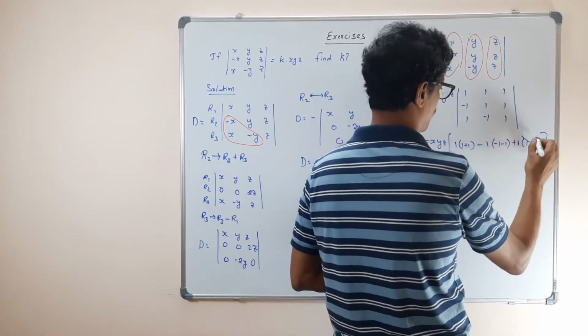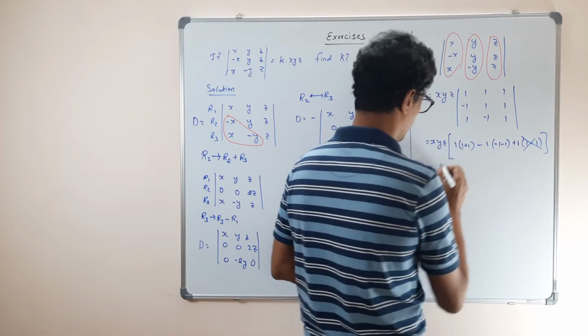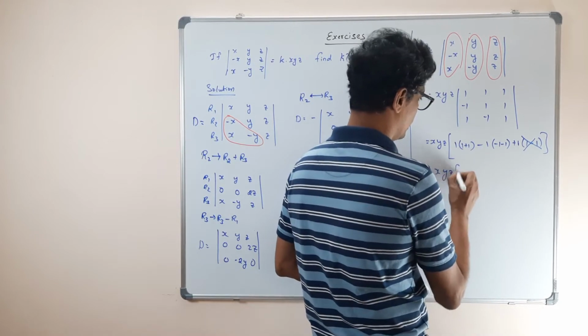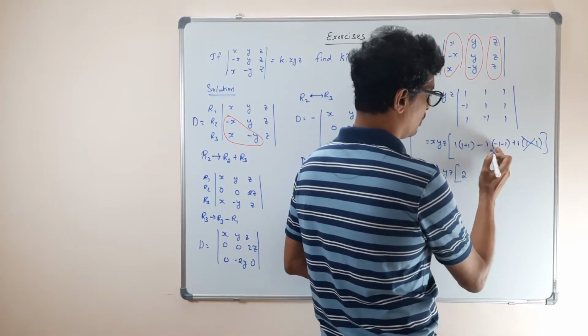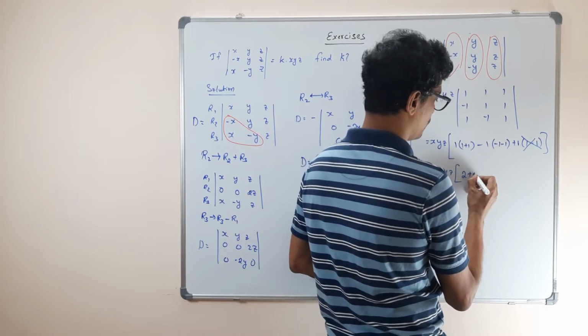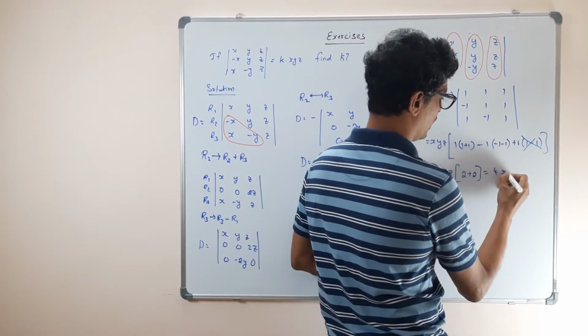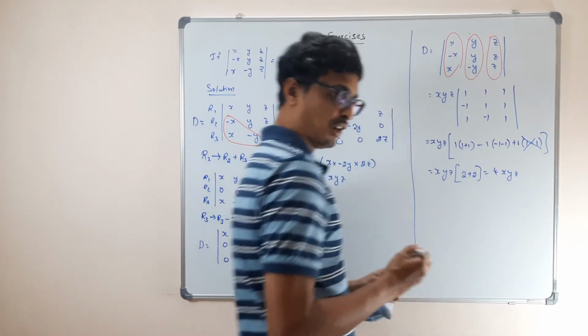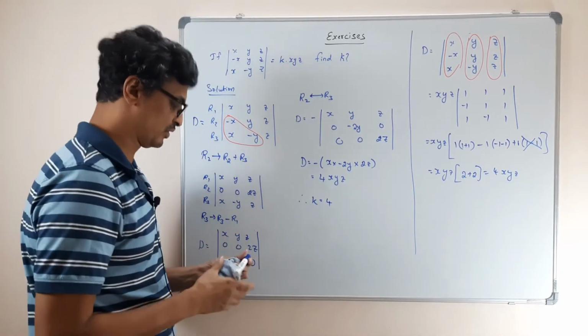So this goes to 0. So we are having XYZ, and this is 2 minus 2, so plus 2, equal to 4XYZ. So you can do it that way also.